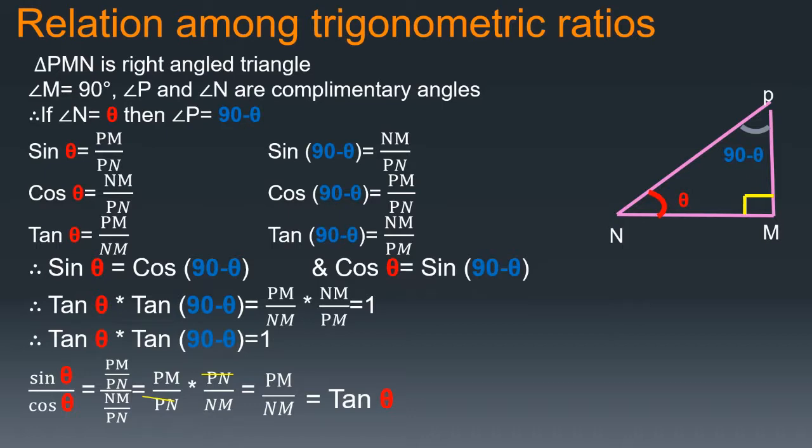So this is the relation among the three trigonometric ratios, that is sin, cos and tan. Now let us recollect these formulas and write them. We have studied sin theta is equal to cos 90 minus theta, and we have found this out. Similarly, we have studied that cos theta is equal to sin 90 minus theta, and where this formula came from.